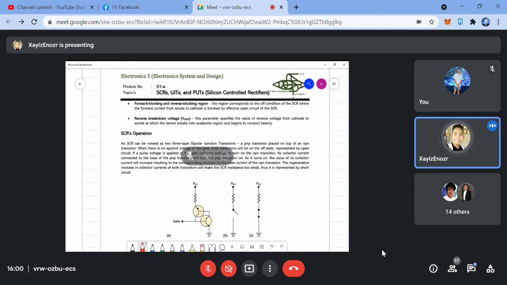Pag na-reverse bias siya, okay, katulad sa Zener diode, di ba, pag masyado nang malaki ang reverse voltage, nagkakaroon siya ng tinatawag na avalanche. Ang avalanche is mag-heavily conduct, or ibig sabihin, parang mag-short na mismo yung electronic component mo.